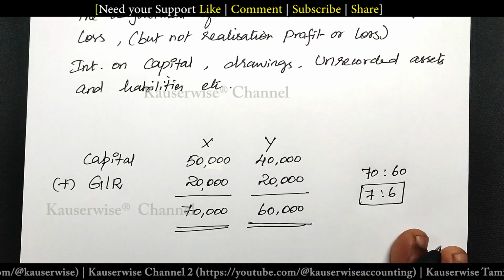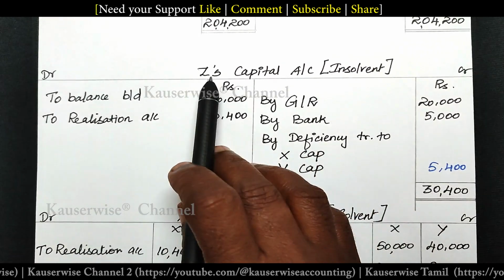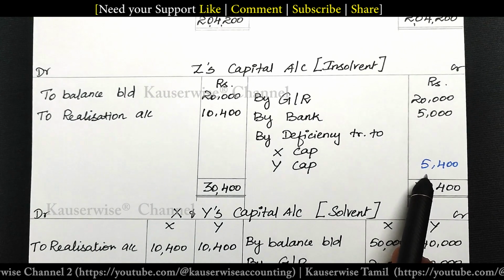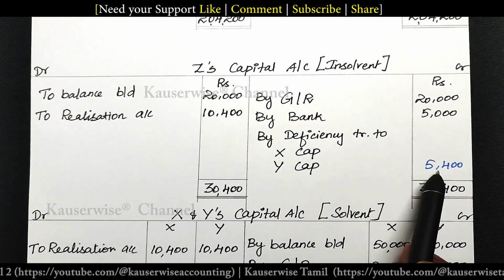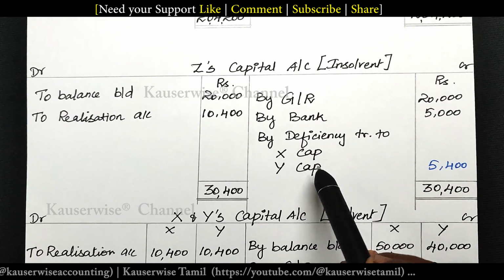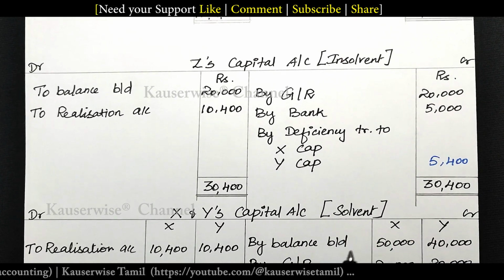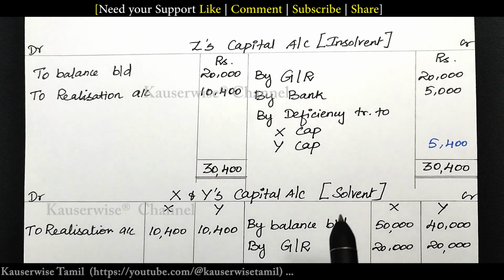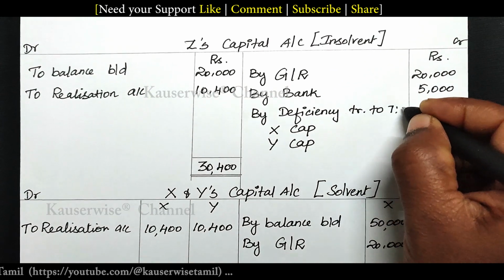Now, see the solution. See the insolvent partner's capital account. We have got a deficiency. How much? 5,400. This will be borne by the solvent partners according to the adjusted capital ratio. What is the adjusted capital ratio? 7 is to 6.